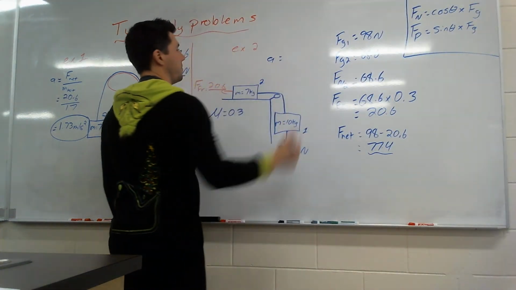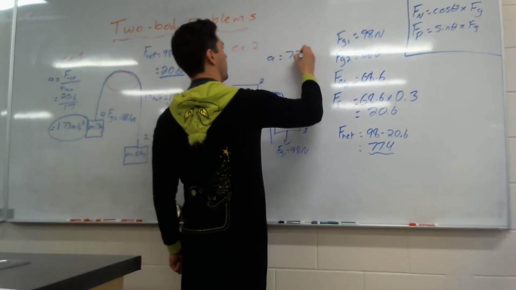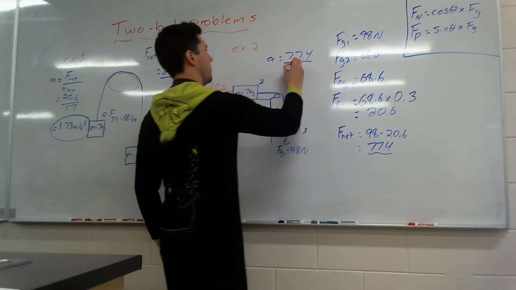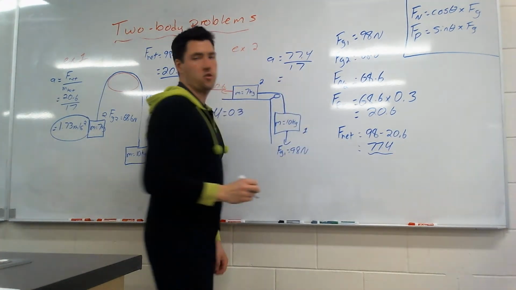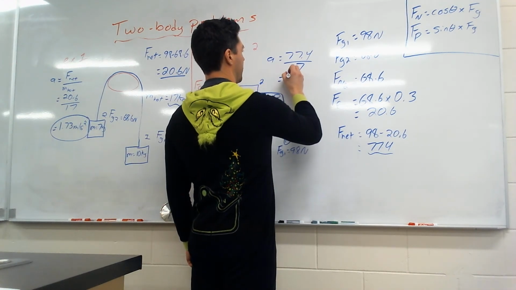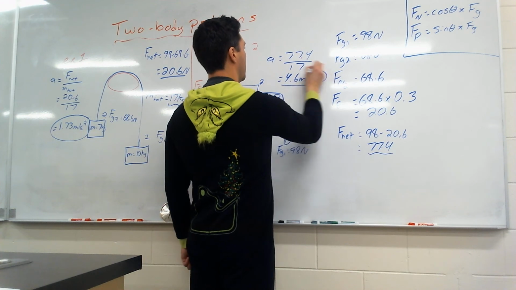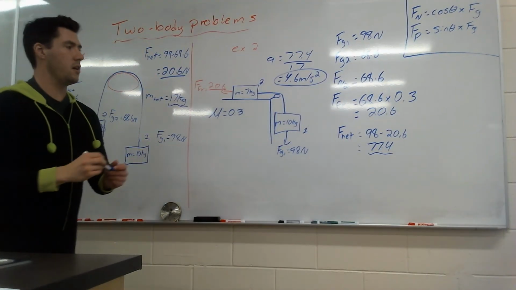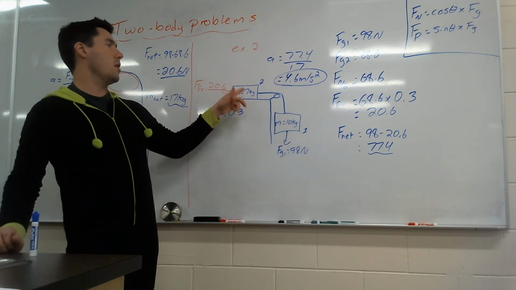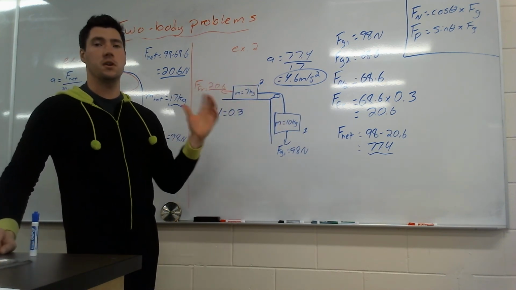We take that net force and divide it by the total mass. 77.4 divided by, I get to add these two up, 10 and 7, 17. And I get a final answer of 4.6. I rounded, I think it was like 4.659, but 4.6 meters per second squared. There is your final answer of how fast this whole thing would go. Not just this object, this object would as well be moving at 4.6 this way. This would be going down at 4.6 because they're connected.